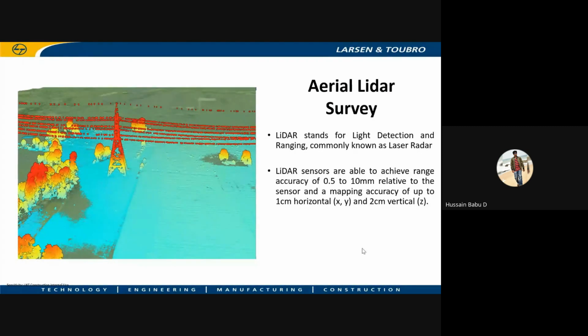And you can plan efficiently for the hydrological design, because a small slope in a pipe will also affect the cost drastically. So if we have this much accurate terrain data, we can precisely do the design calculations for hydrological analysis of the pipelines.